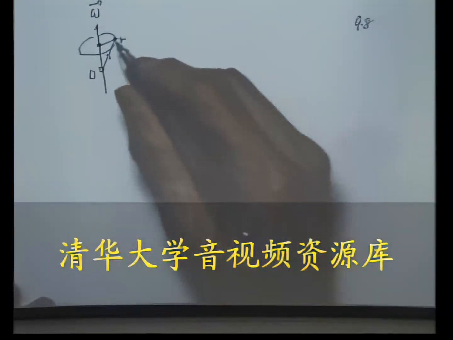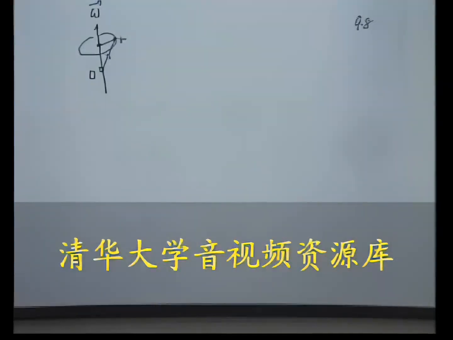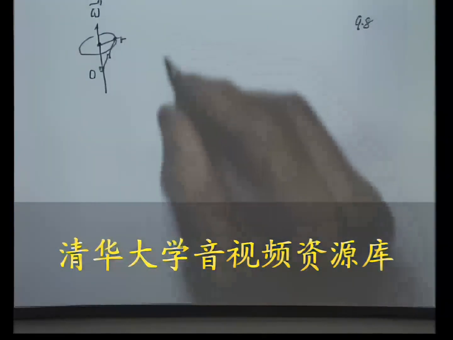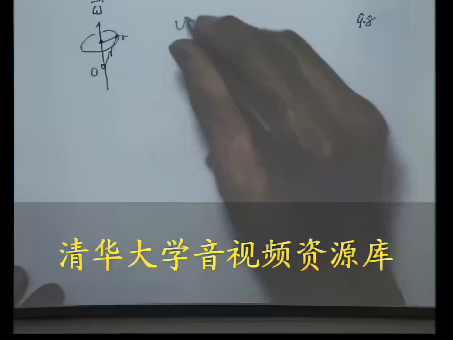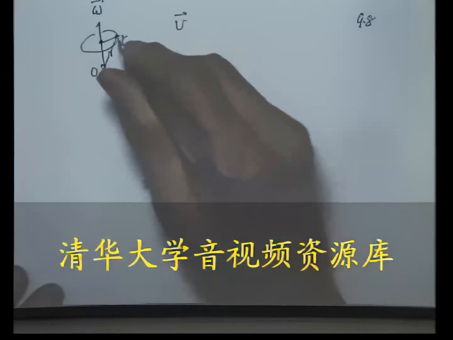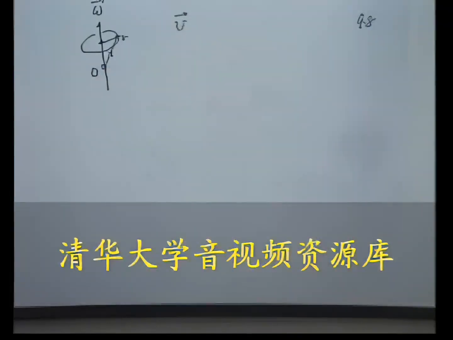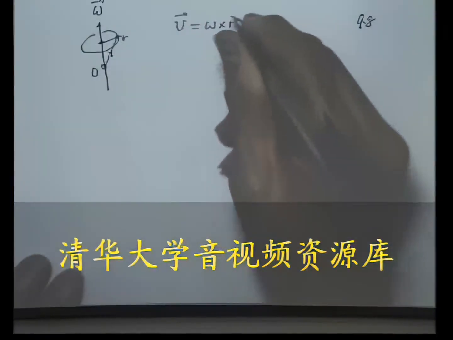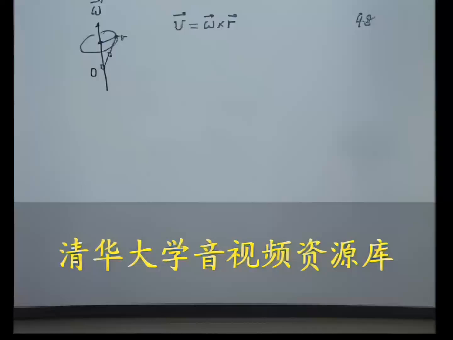What is the velocity of this point? I claim it is v. This is a rigid body, and it rotates, so the velocity is equal to omega cross r. First, the direction.